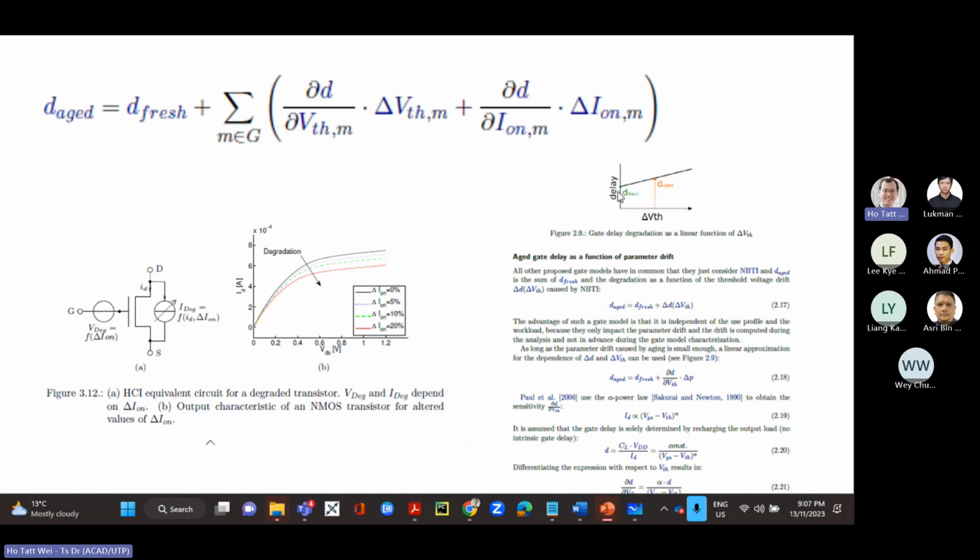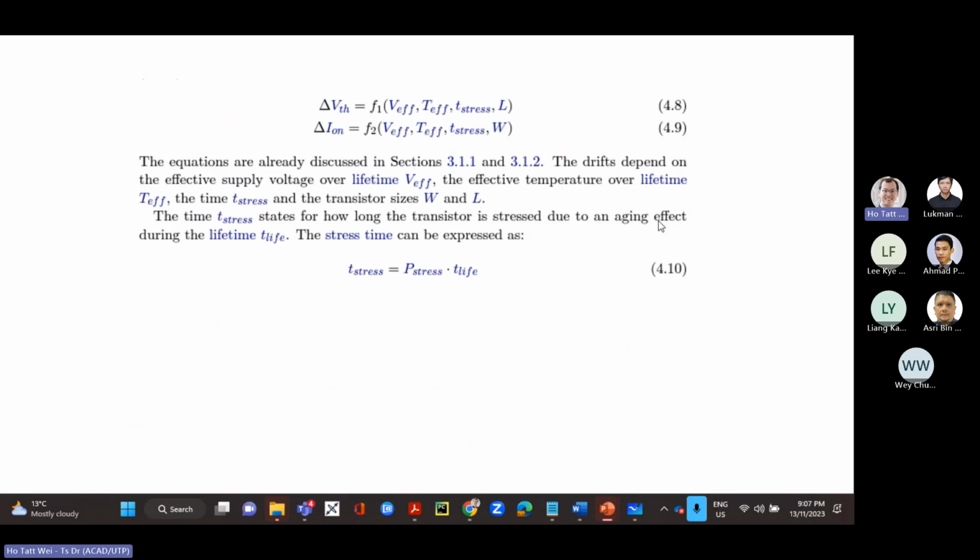And this is showing you that the delay is going to change linearly as a function of VTH, any change in effective VTH. Okay, and then this is just telling you that it's a function of the effective voltage, the effective temperature, and the time over which it is stressed. So change in VTH is actually dependent on channel length. Change in drive current is actually dependent on the transistor width.